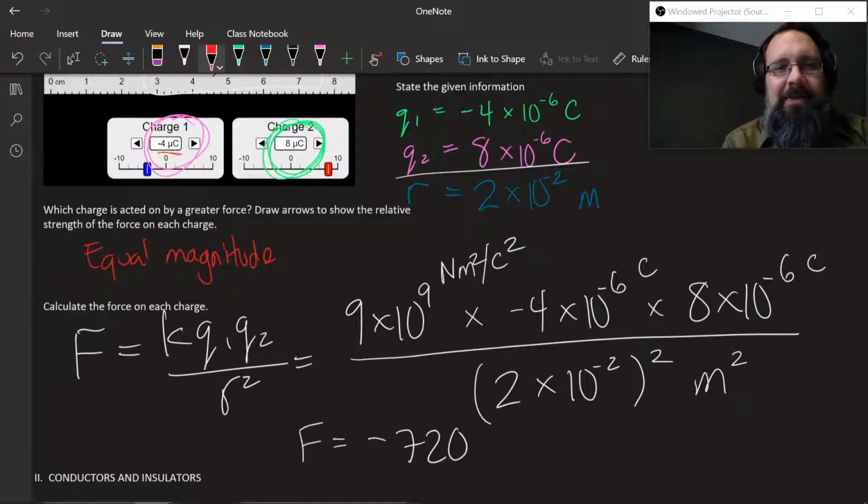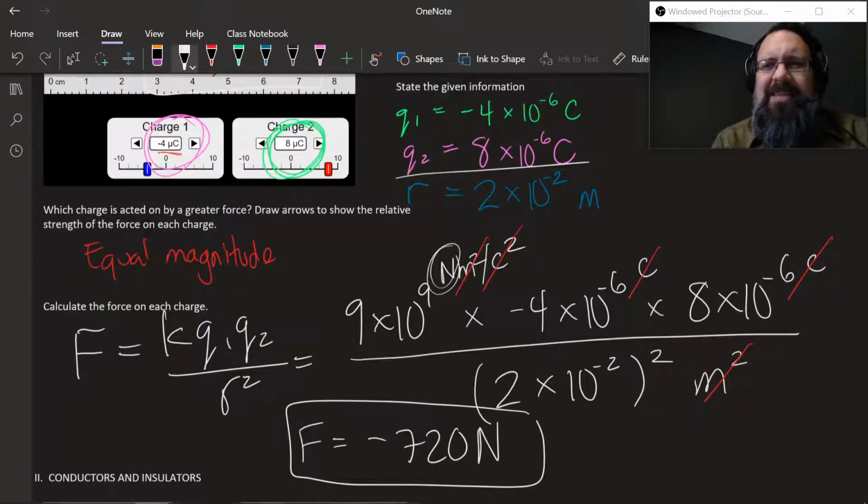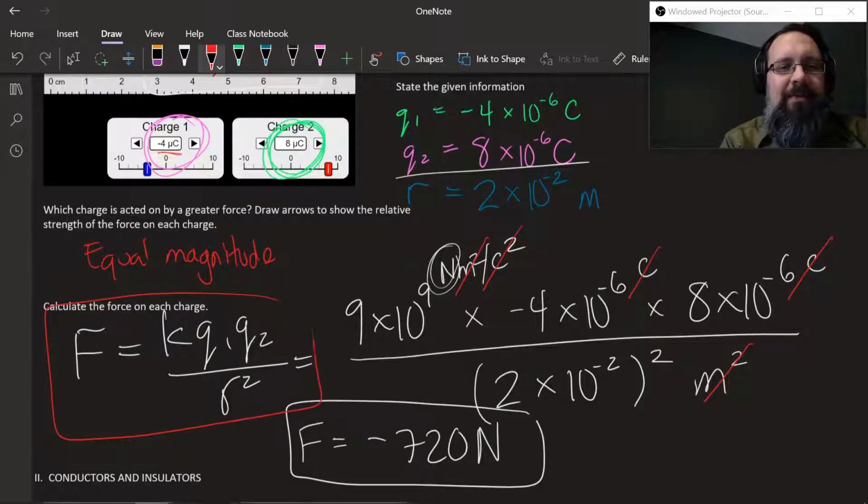So what will happen is this Coulomb and that Coulomb will cancel the Coulomb squared. This meter squared will cancel that meter squared, and we're left with newtons, which is a force. So that's an example of a calculation that you do with Coulomb's law. But basically this equation is used to calculate the force that charges exert on each other.